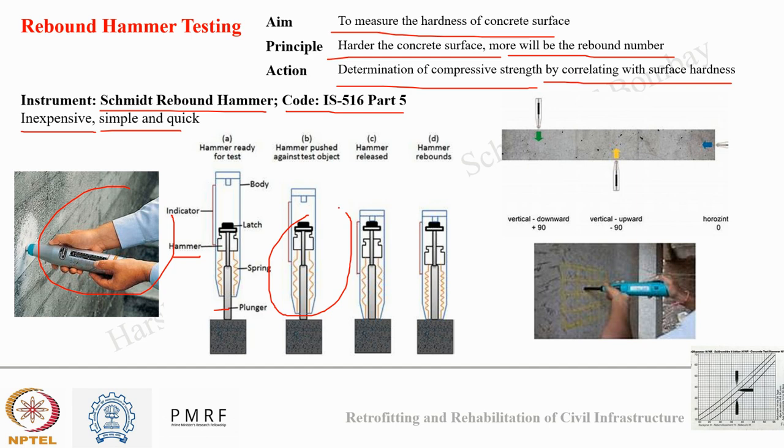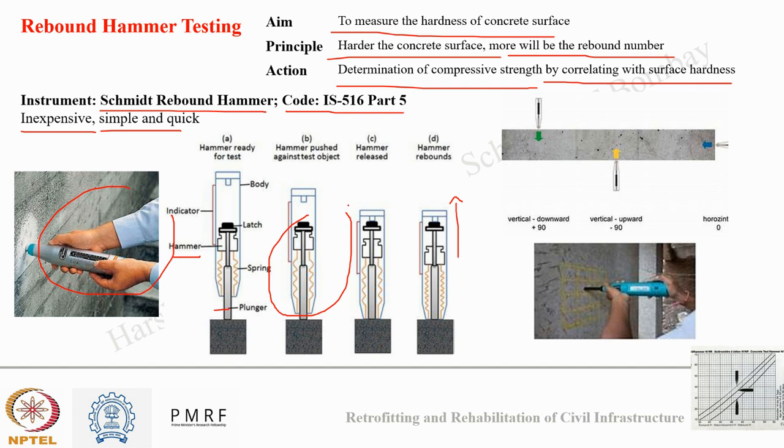Upon releasing the hammer, the hammer will rebound, and the amount of rebound will depend upon the elasticity of the medium. The greater the strength of the material, the higher the elasticity, and thus the higher the rebound number. This is related with the compressive strength for predicting the strength of the infrastructure.